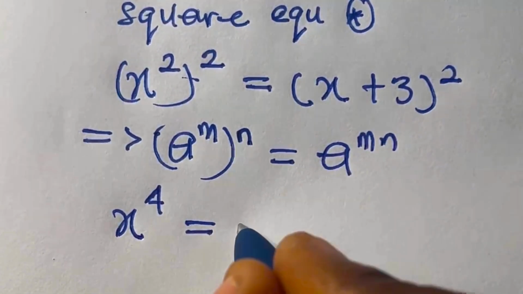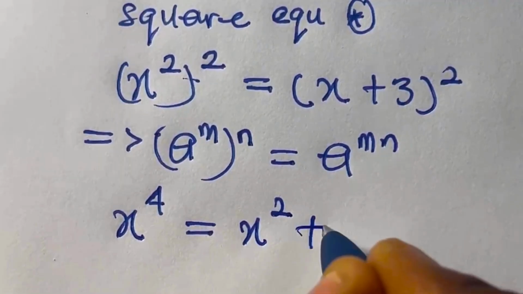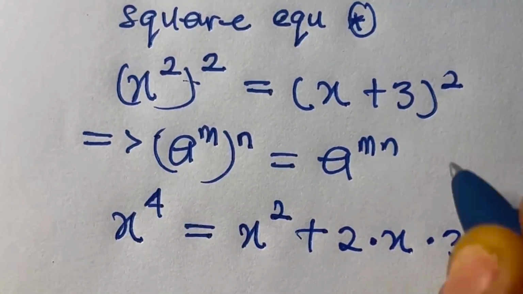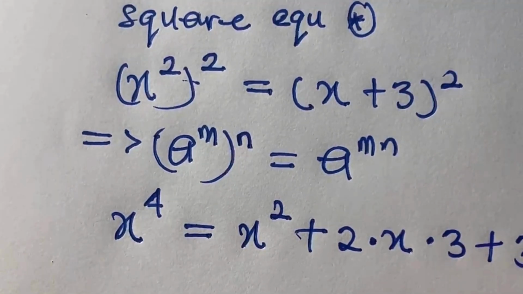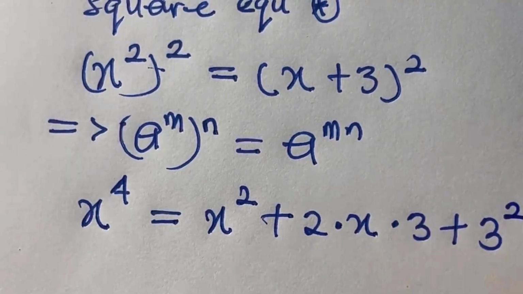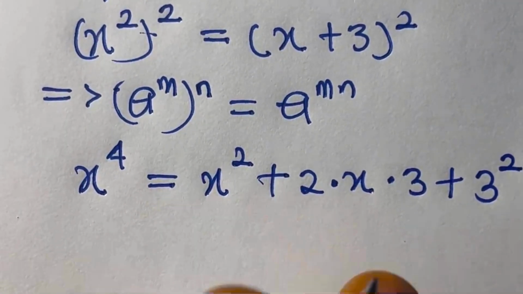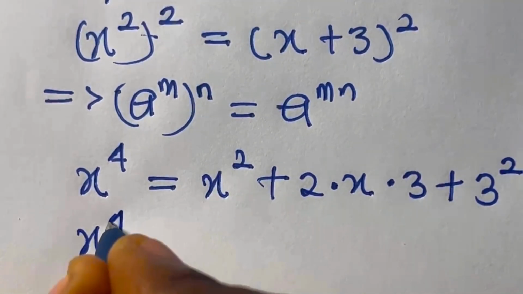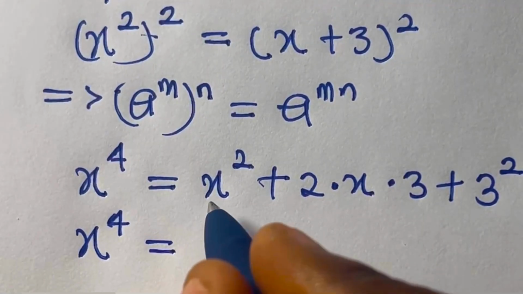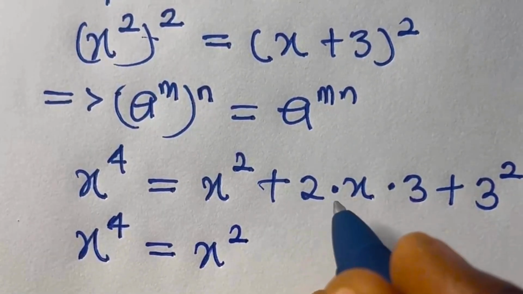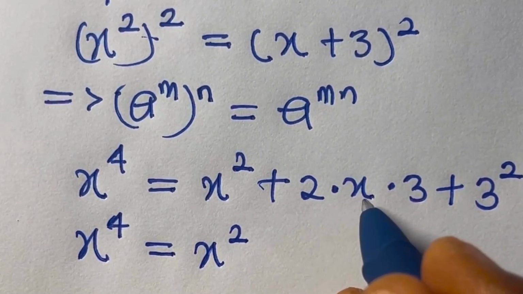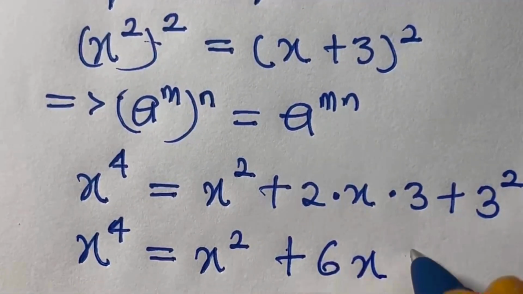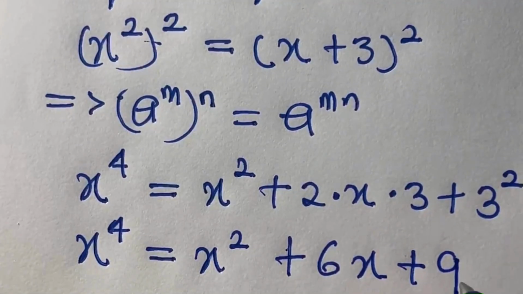This will become x squared plus 2 times x times 3 plus 3 squared. All right. So now we will have x raised to power 4 equals x squared plus 6x plus 9, since 3 squared gives us 9.